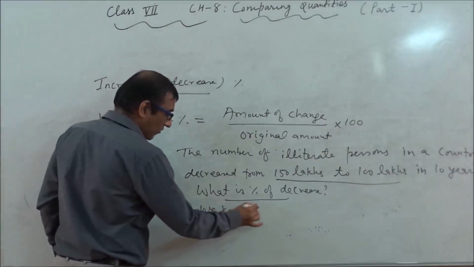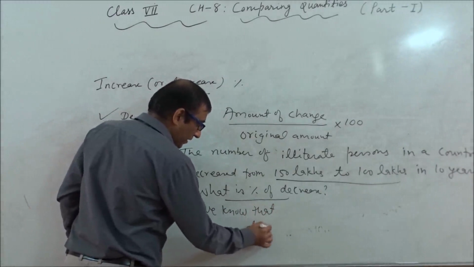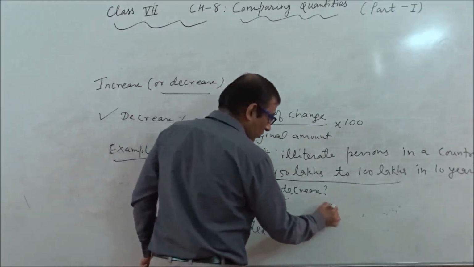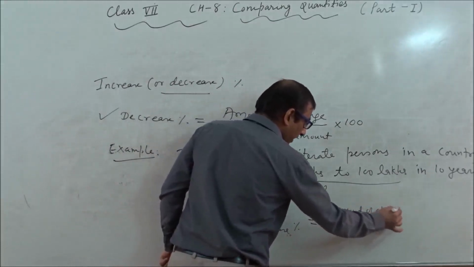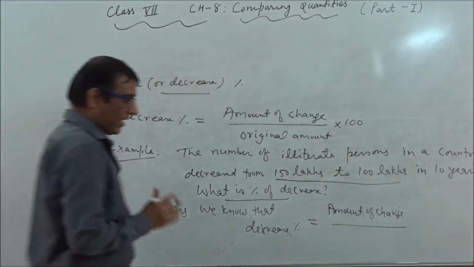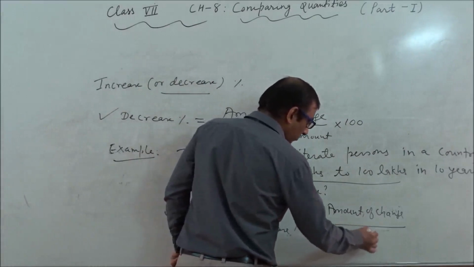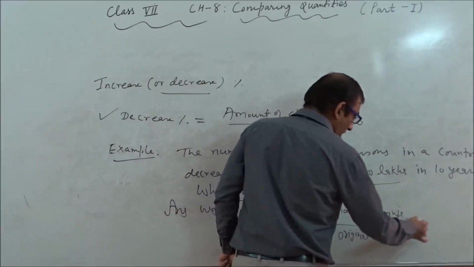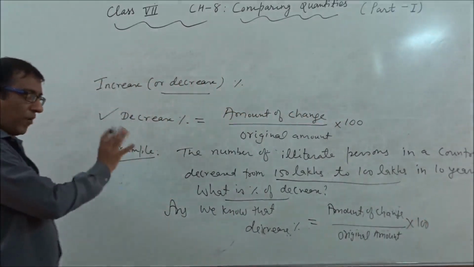First we will write down the formula of decrease percentage. Decrease percentage equals amount of change, or change in population, upon original population or original amount, both are the same thing in respect of this question.